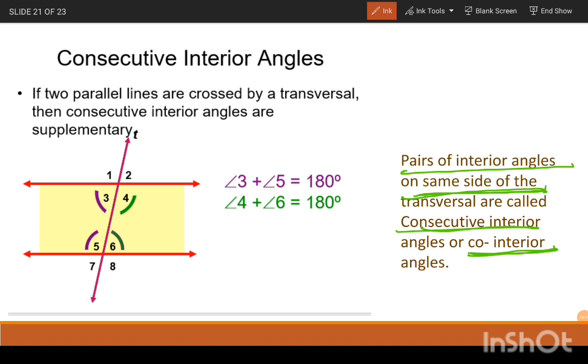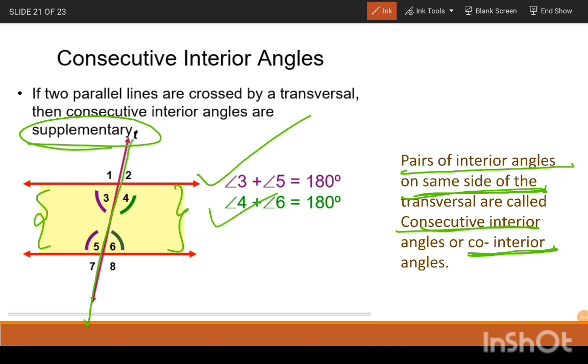So here 4 and 6 are co-interior angles, and 3 and 5 are co-interior angles. They are not equal, but they are supplementary. This we need to keep in mind: co-interior angles are supplementary. When we add 4 and 6, we get 180. When we add 3 and 5, we get the sum as 180 degrees.